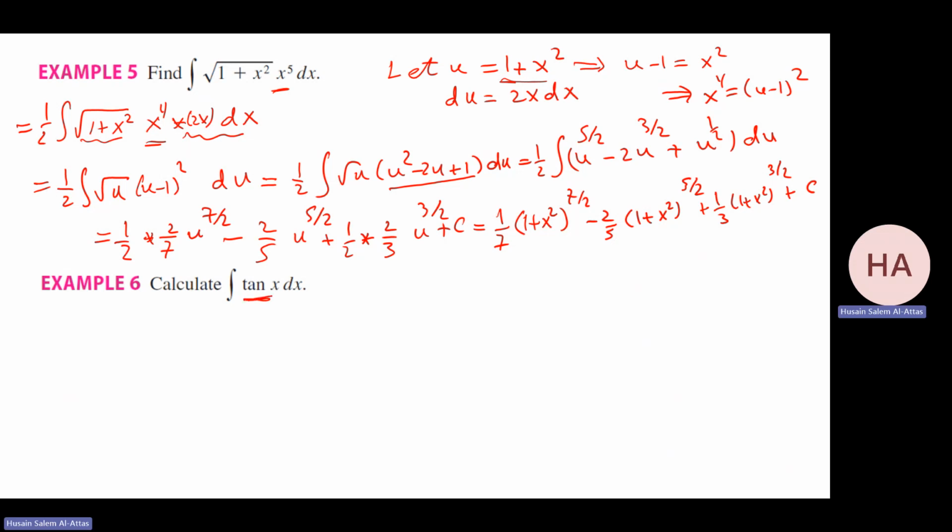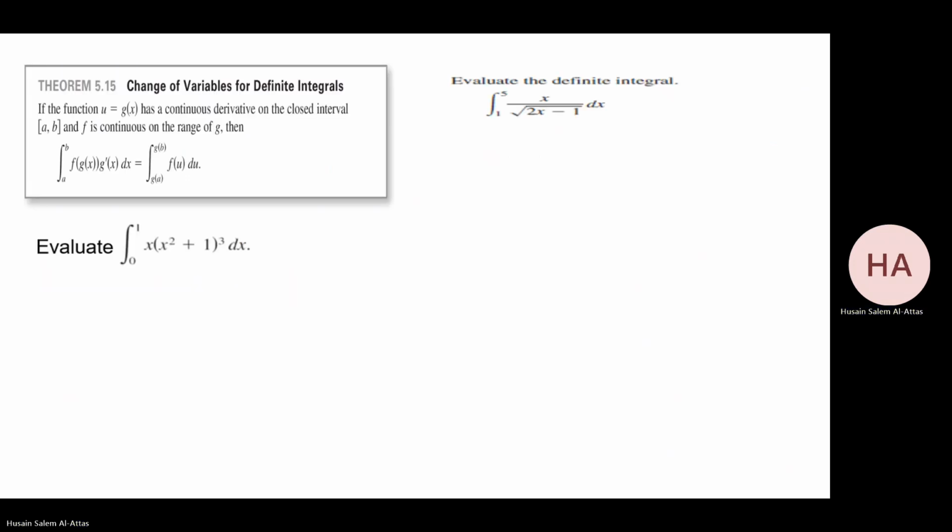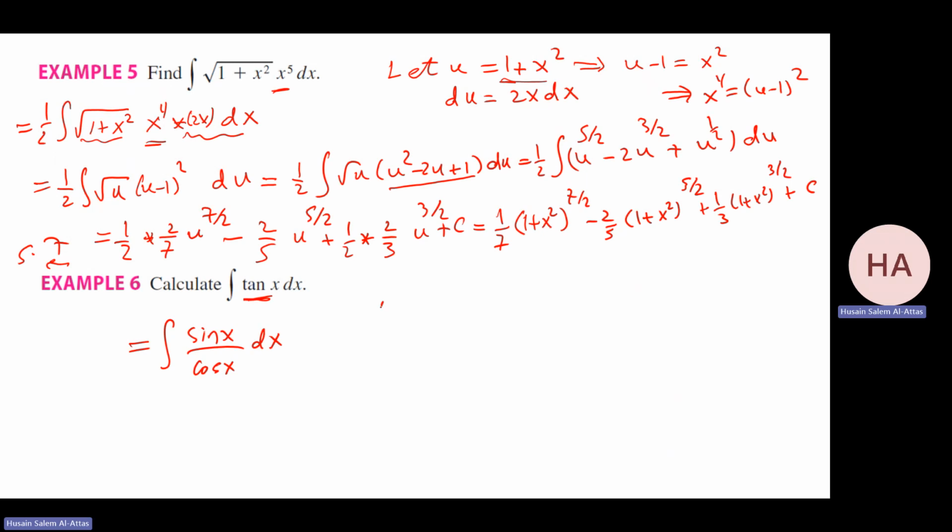This is explained in 5.8, but actually the same idea. I think it was explained in 5.7, so this should go to 5.7. But I told you the idea very clearly. The idea is that this one is sine x over cosine x dx. So what will happen? I will let u equal cosine x.